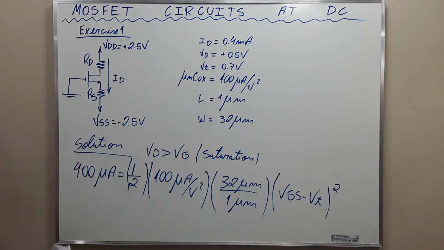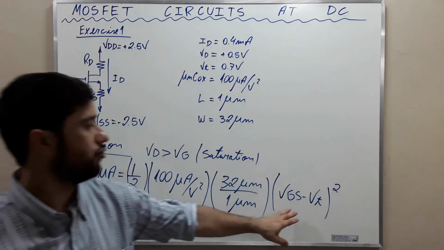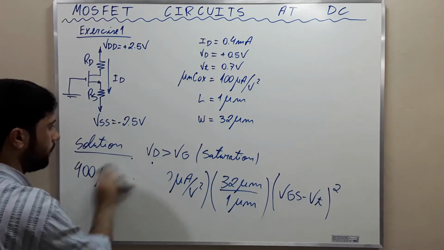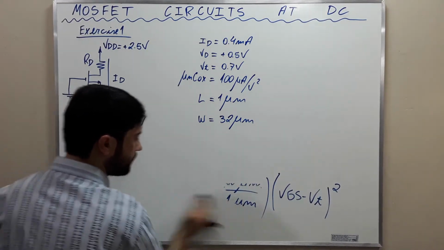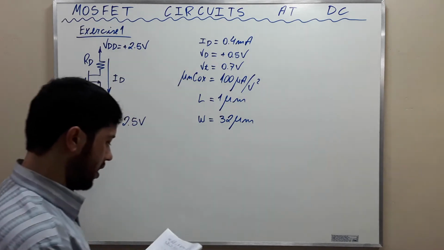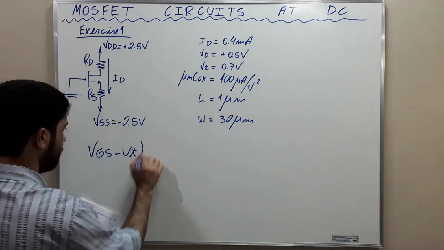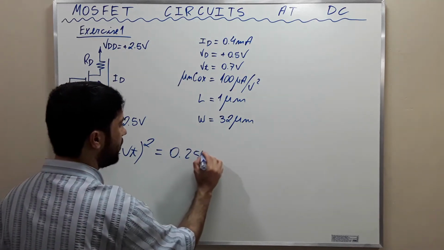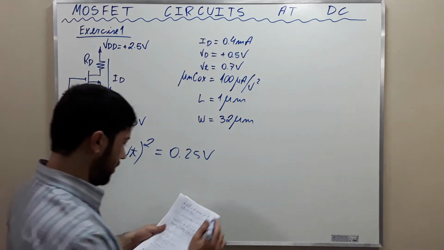Okay? This is the expression. We are going to solve for this, and we find that VGS minus VT squared is equal to 0.25 volts.